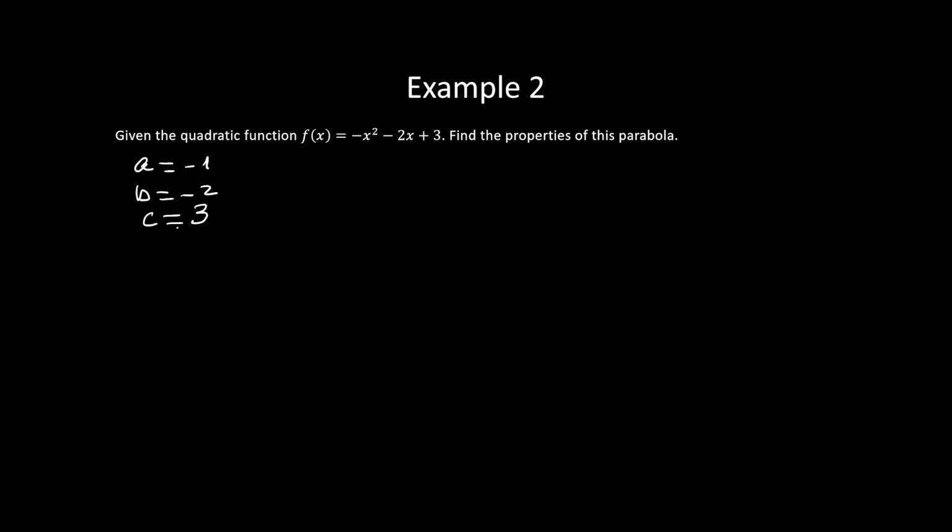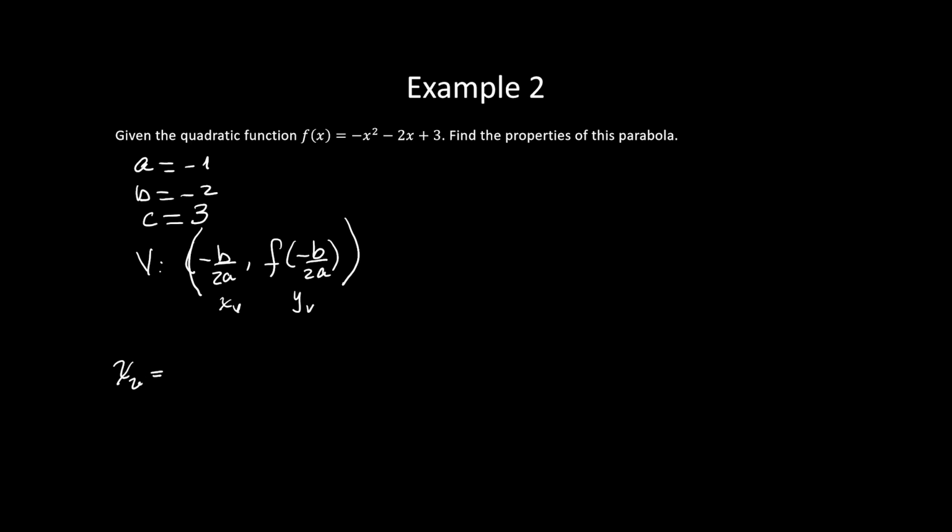All right. So now what can we do? Let's first find the vertex. So the vertex is at negative b over 2a, f of negative b over 2a. So let's find the x-coordinate of the vertex. Let's call this x sub v, y sub v for the vertex.